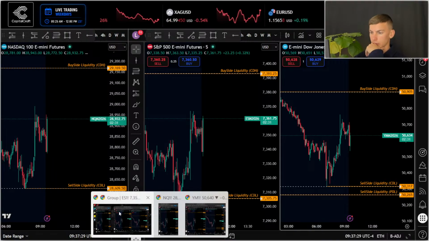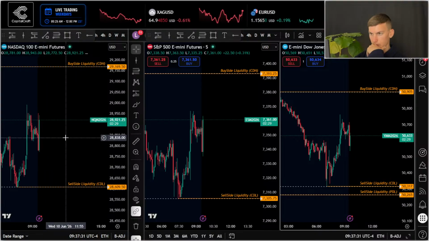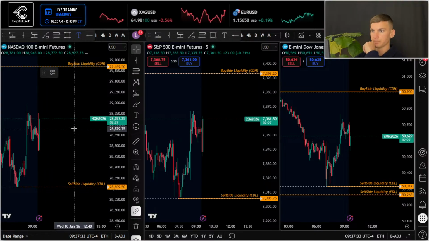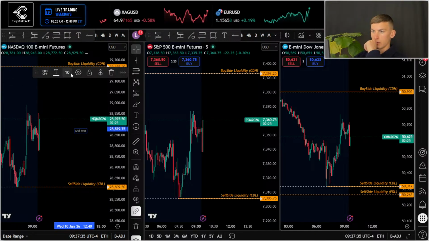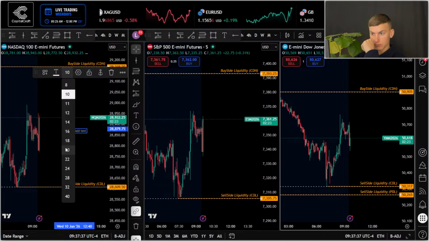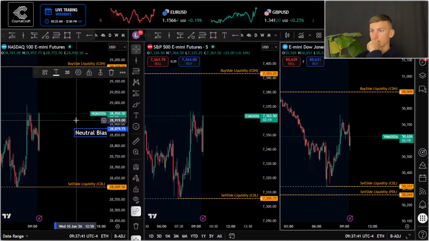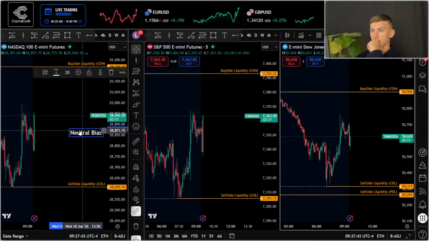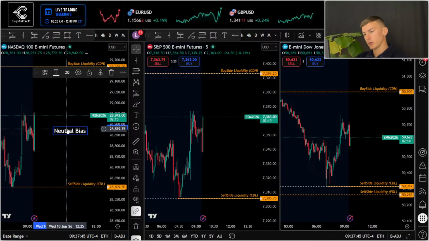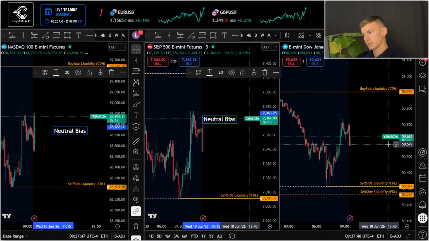I am quickly going to show you guys what my bias is for these particular assets right now. Okay, so right now I am pretty much neutral on all of my assets.